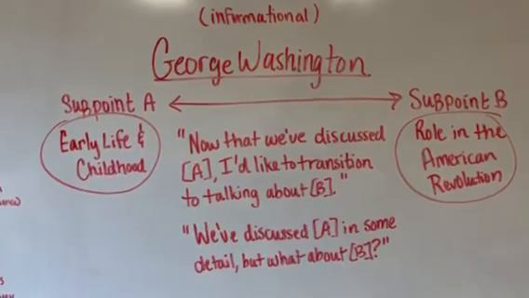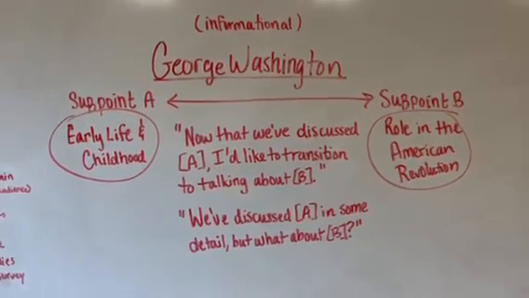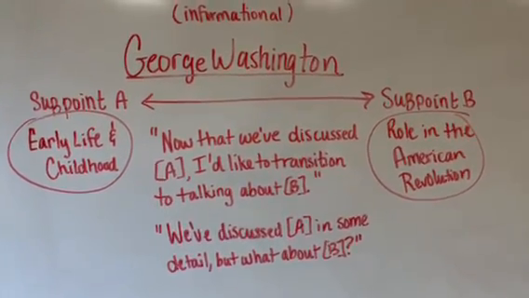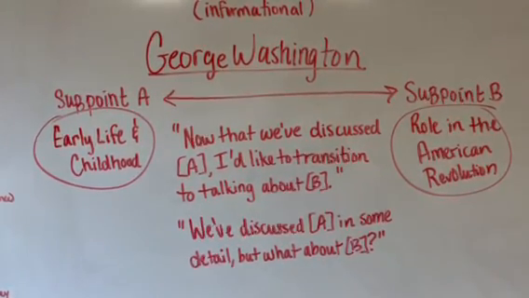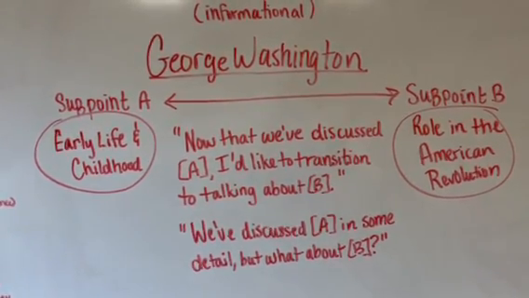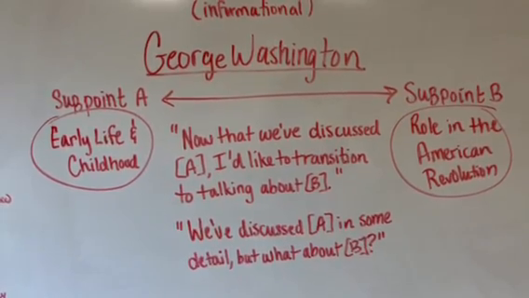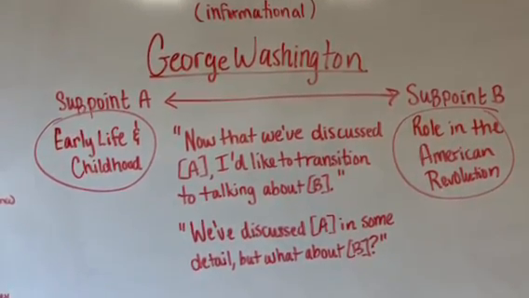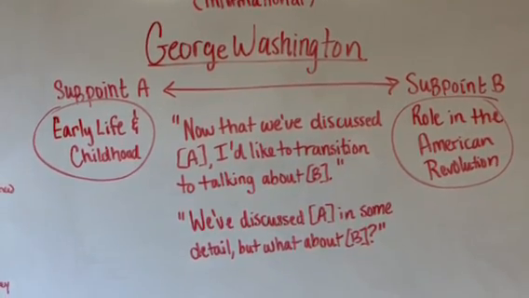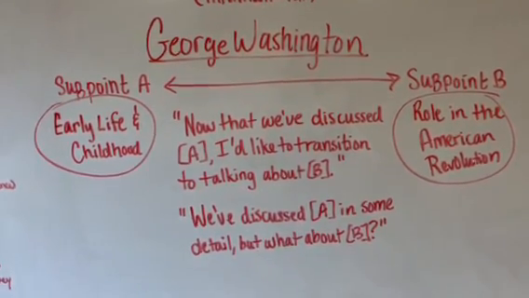So let's say, now that we've discussed George Washington's early life and childhood and spoken about the way that his early experiences influenced the man that he would become, I'd like to transition now to talking about that man's role in the American Revolution. You can also transition using a rhetorical question.